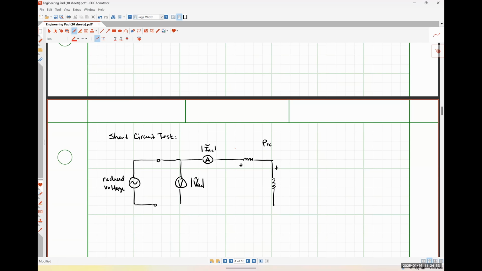I'll draw a box around this guy yet again for our wattmeter.